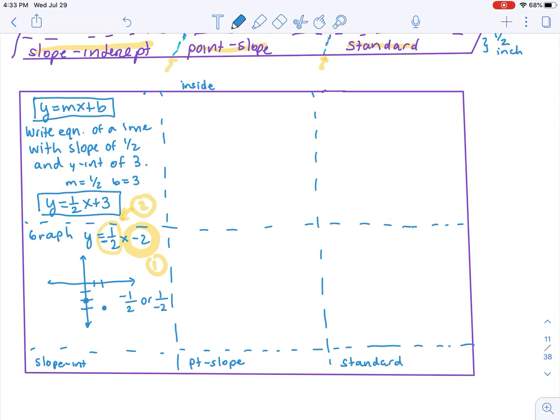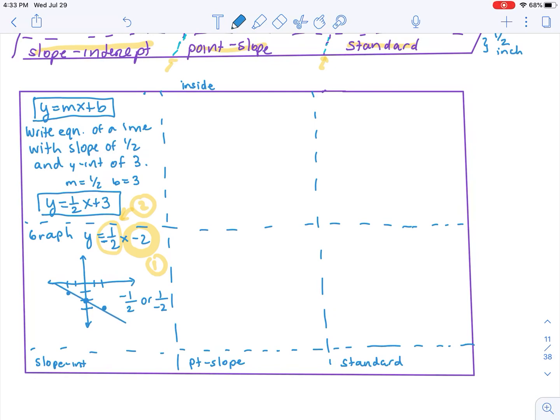So down 1, right 2, and that's that point here. The other interpretation is that you go up 1 and instead of going right 2, we go left 2. And we still fall along the same pathway.